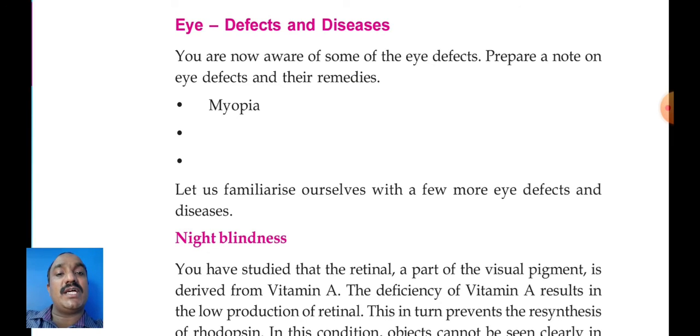Such a situation is called short-sightedness, or it is also called myopia.